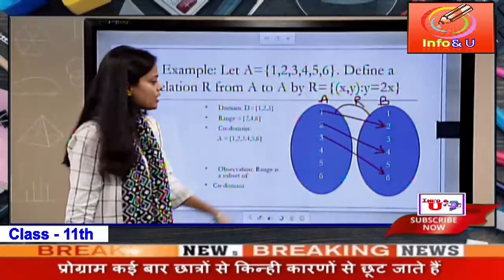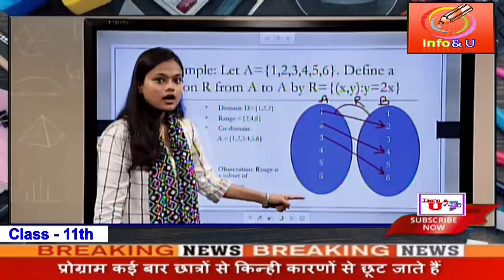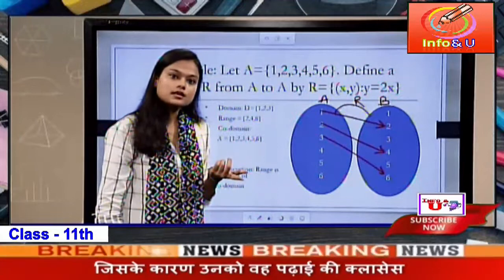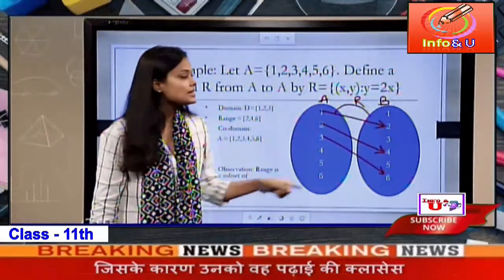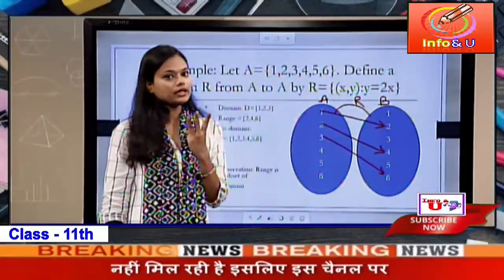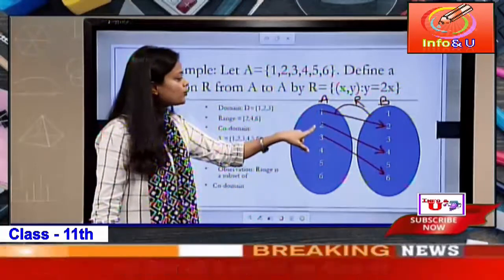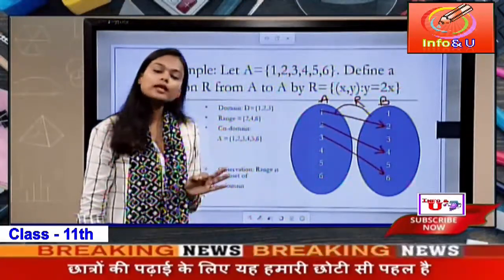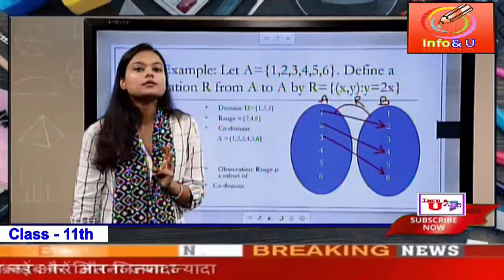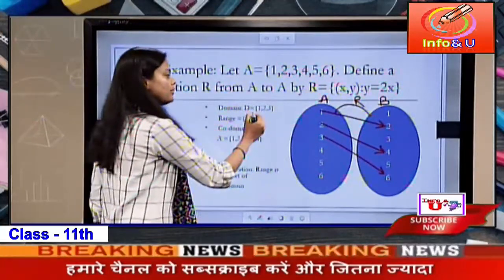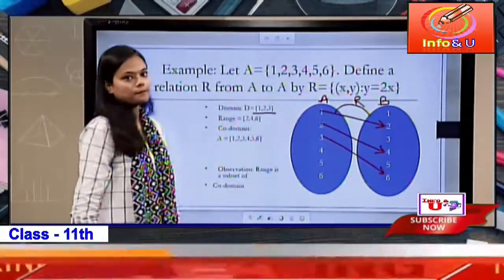Now domain. What is the domain? How many elements have their image in the set B? Only 3. That is 1, 2 and 3. So the domain will have 3 elements and they are 1, 2 and 3.